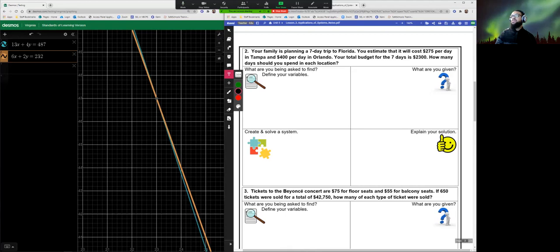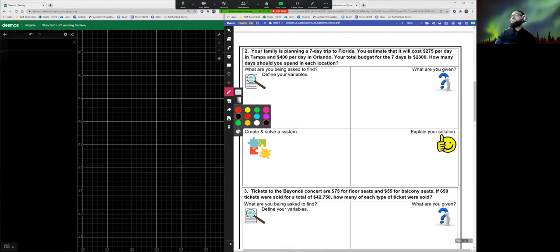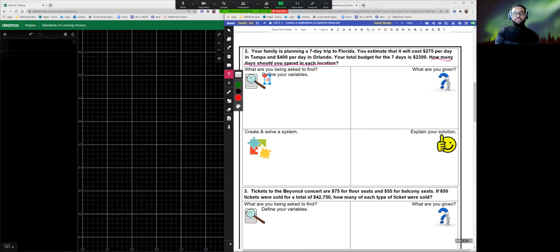Okay. So our goal is to find the total number of days spent in each location. That's this part right here. How many days should we spend in each location? Now remember that we are going to 2 different locations.